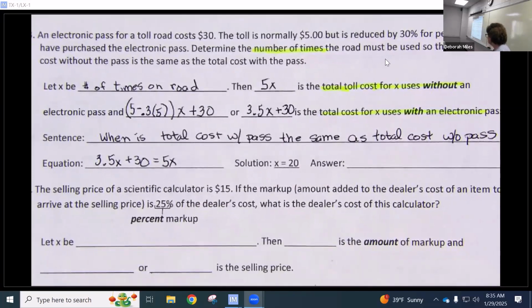If you're going down this road 20 times, then it doesn't matter whether you buy the pass or not, it's the same either way. But if you go 19 times, what's your better option? Yeah, you won't get your monies back from the pass. But if you go 21 times, you will have saved money buying the pass.